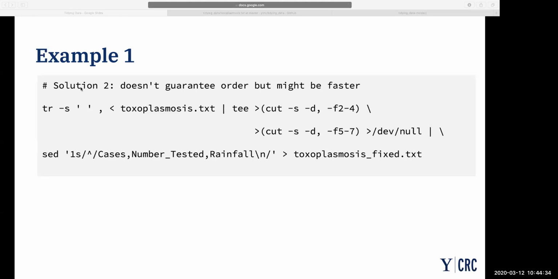And I'm taking that output and redirecting it with this pipe character to tee, which I'm splitting into two cut commands. And those two commands are taking the input from tr, and I'm telling cut these lines are comma separated, and this -s means skip lines that don't have any commas on them.